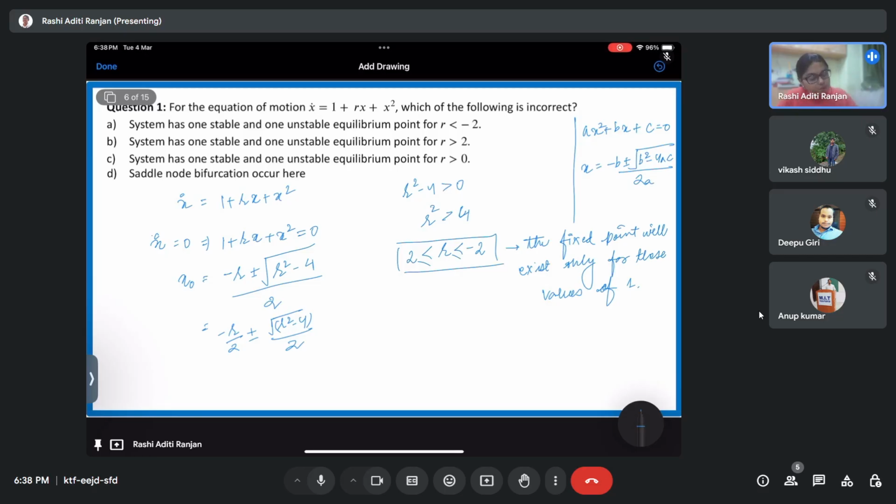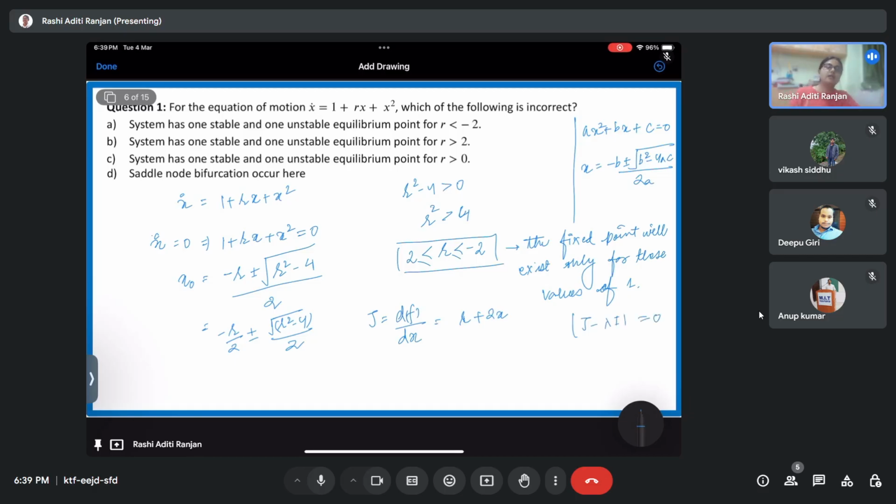Now, if I talk about the stability, for that we have to find out the Jacobian, which is nothing but d f divided by dx, which will be r plus twice x, right? Now, if I want to find out the eigenvalues, if you remember, we had the Jacobian matrix, we subtracted lambda I, computed the determinant and made it equal to 0.